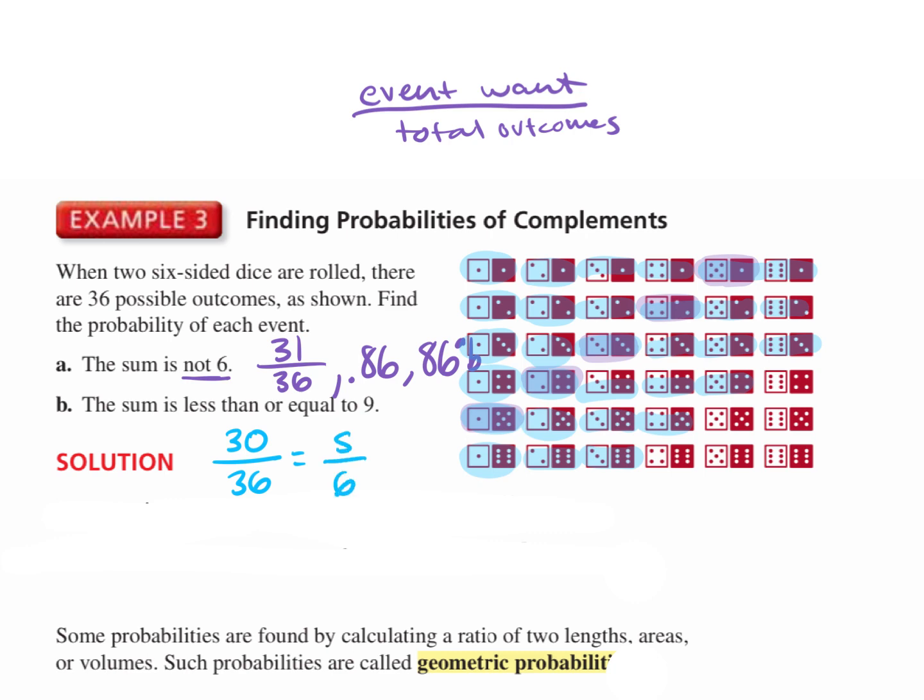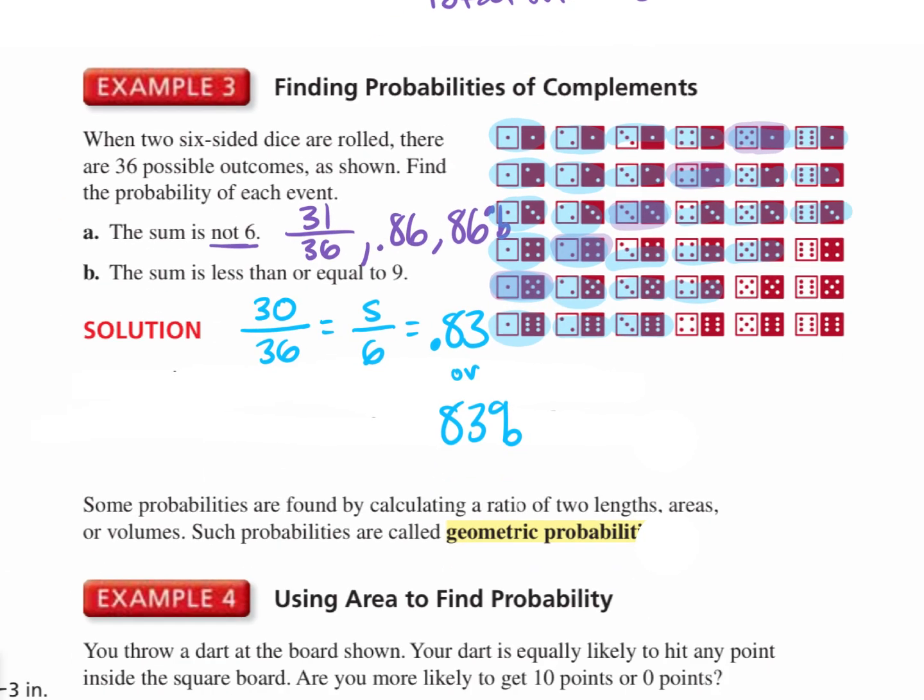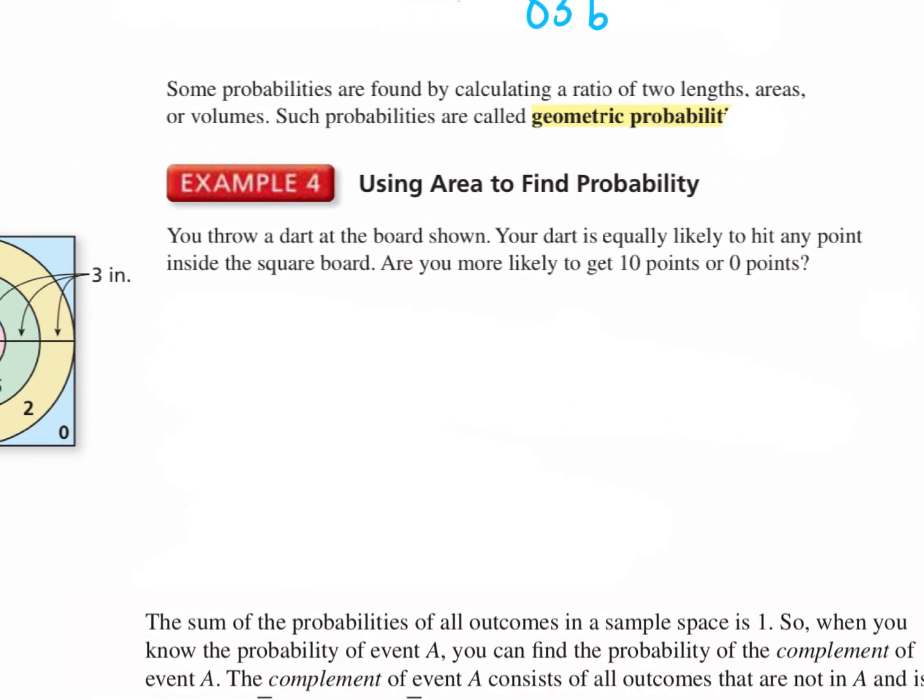So you can divide the top and the bottom by 6. You could also just put it in your calculator. Do 30 divided by 36, and you get 0.833, so 0.83. Or what would this be as a percent? 83%.